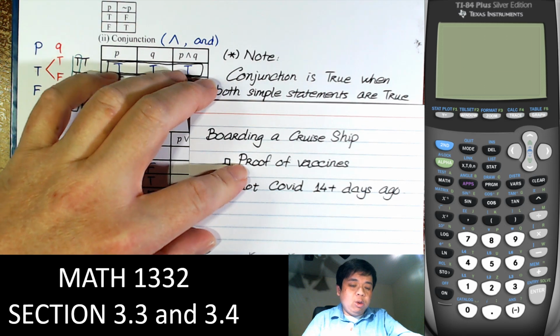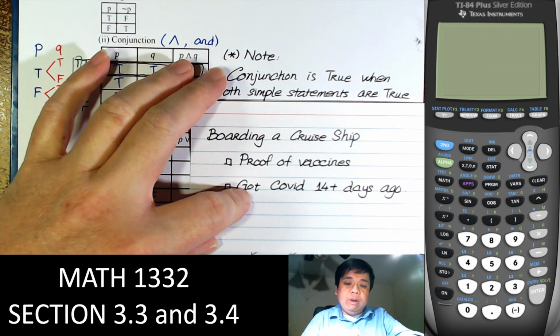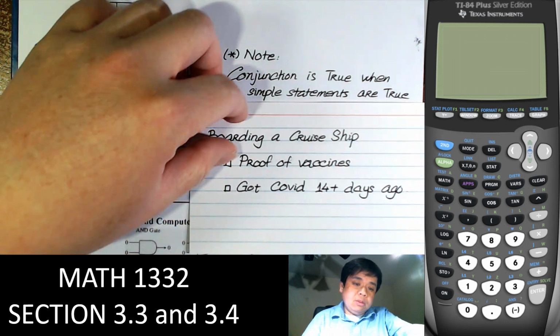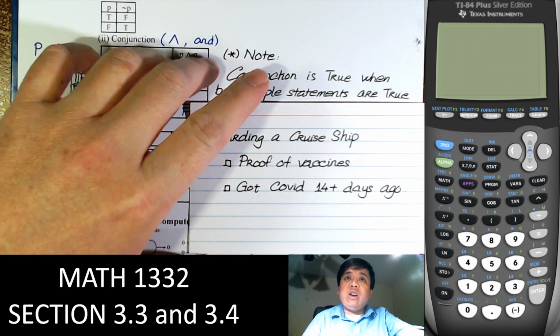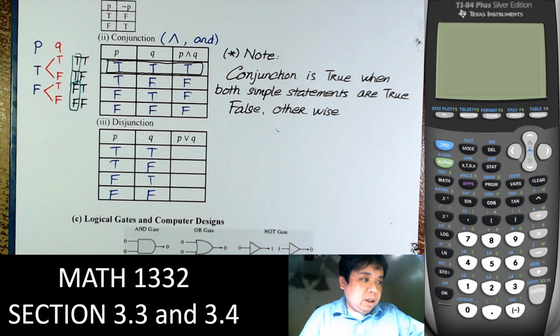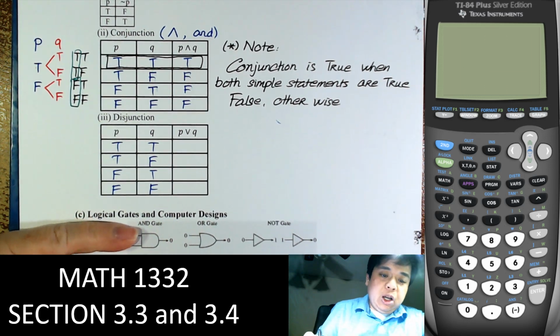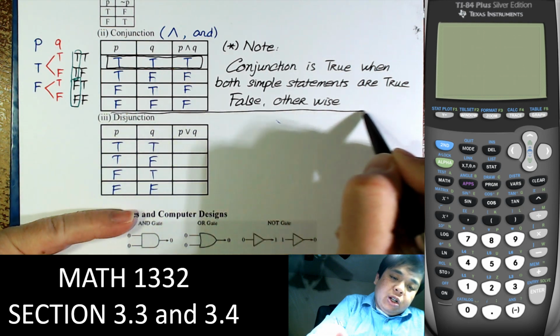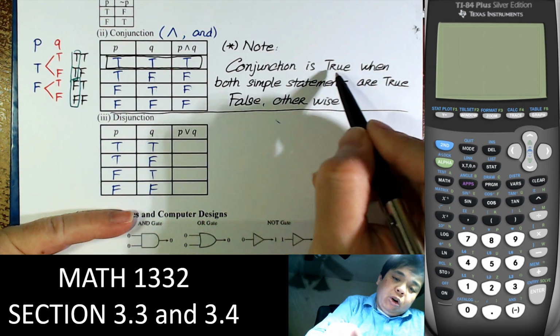If you don't have proof and you did not have COVID 14 days ago, then you cannot get on the cruise ship. So for the conjunction, that's what we focus on: true when both are true.